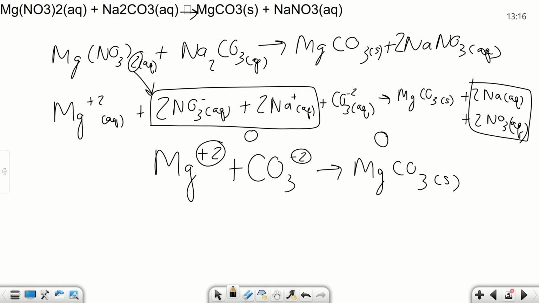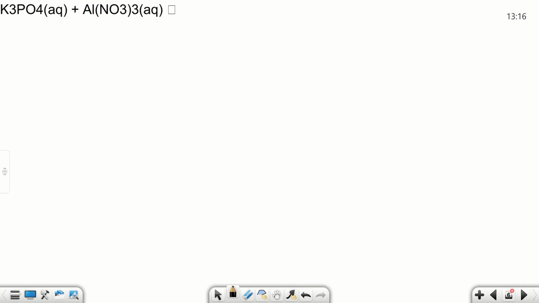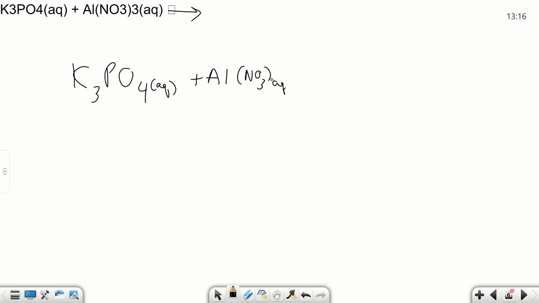Let's do maybe one more. I like this one because it doesn't have the products, so this is one where we have to think about it. K3PO4 aqueous plus Al(NO3)3 aqueous. This is a double replacement reaction.